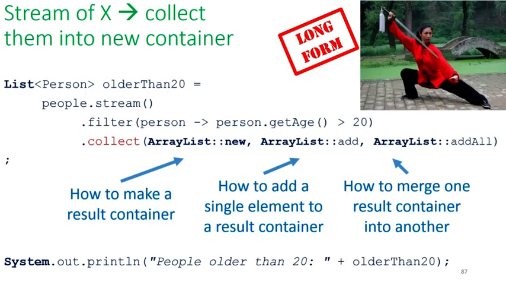So how do you save three parameters in a variable? I'm not following you. What do you mean by saving? What you're saying is I'm going to save ArrayList::new, ArrayList::add, and ArrayList::addAll in three variables. And what would be the return type of that? How would I define that variable? What would be its data type?